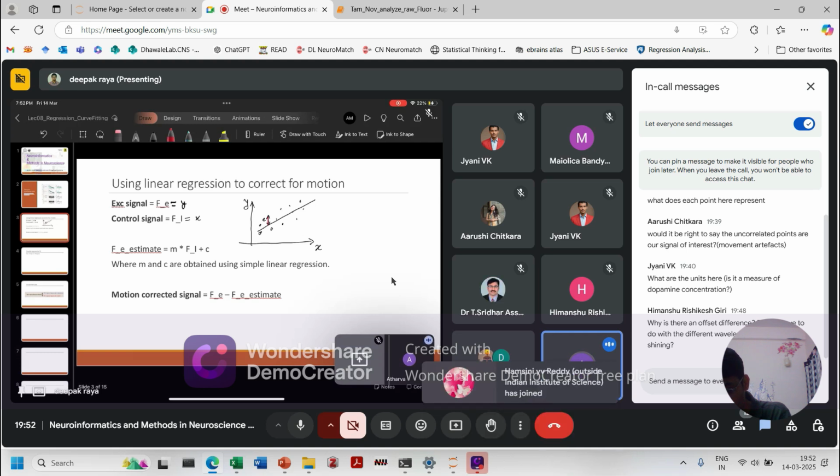This is e and this is also e. So for any arbitrary line that you have drawn through that space, these are the error terms that you get.